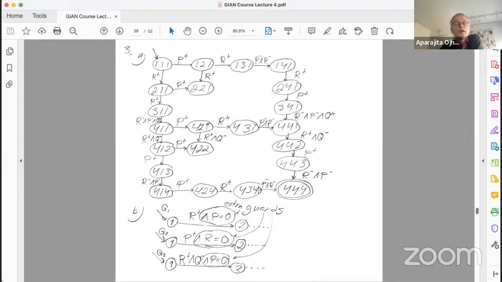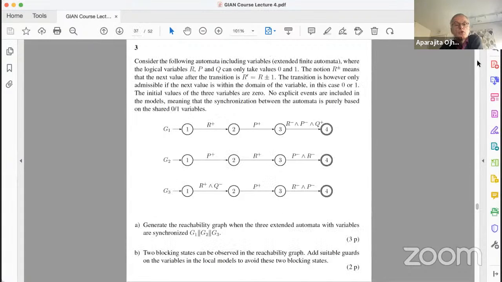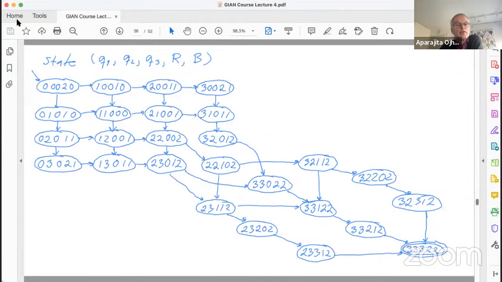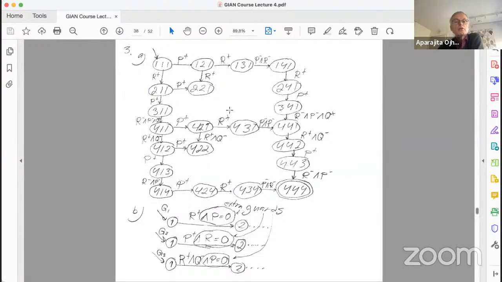So this is the marked state. I could also have introduced the values of the variables as information in the state, because then it's more clear exactly which possibilities we have. But in this solution, I didn't do that.